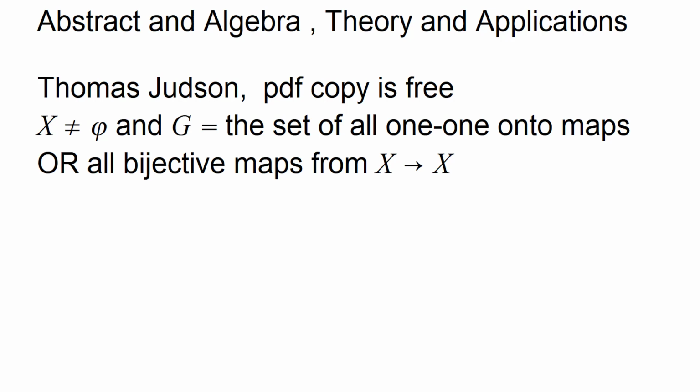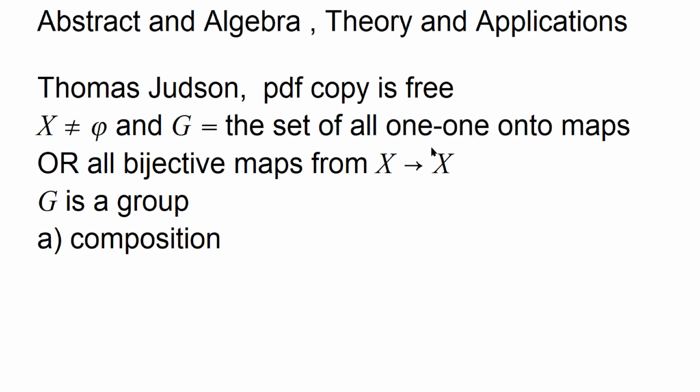So we are going to show that G is a group. To show that G is a group, all that we have to do is verify associativity. We know composition of maps is associative, so that works. Then we have to show closure.